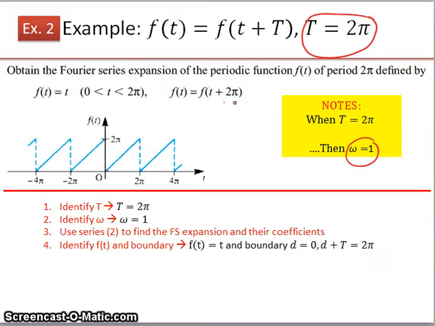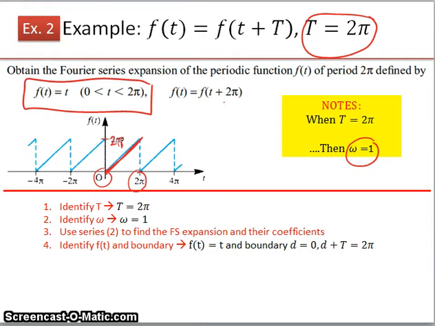Alright, so knowing this equation, we can sketch this function like this graph. From the first definition here, I can only define it from 0 to 2 pi, and the function f(t) is t. It means here the value is 2 pi.